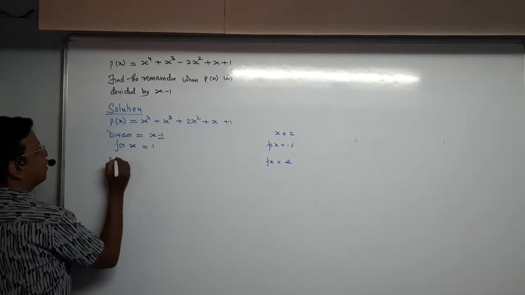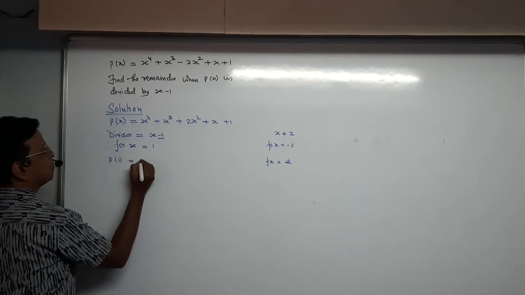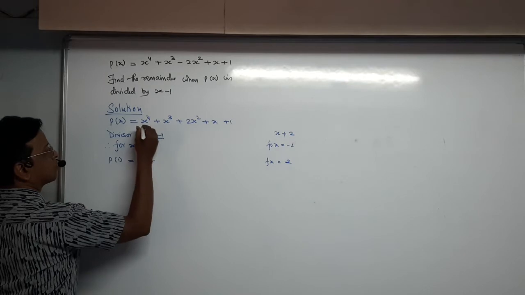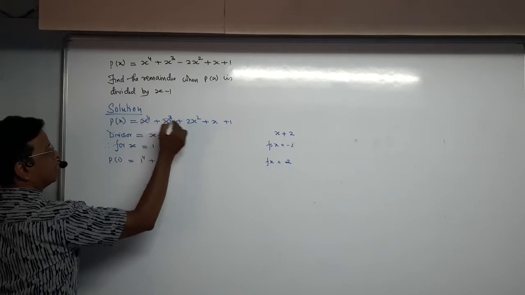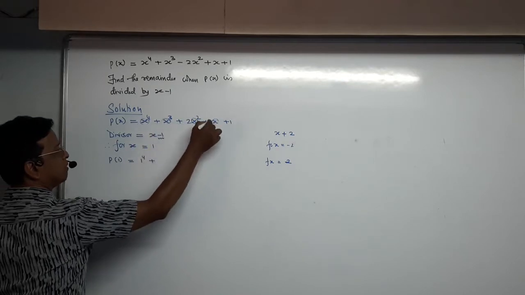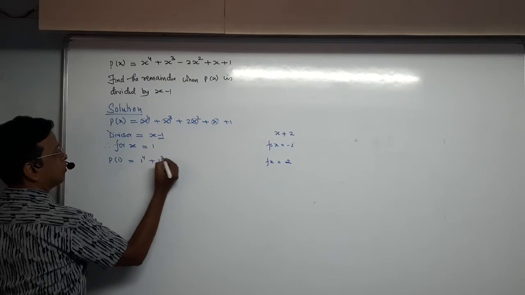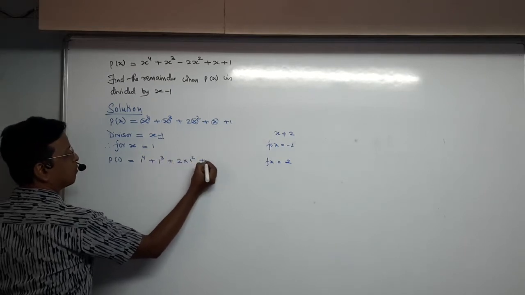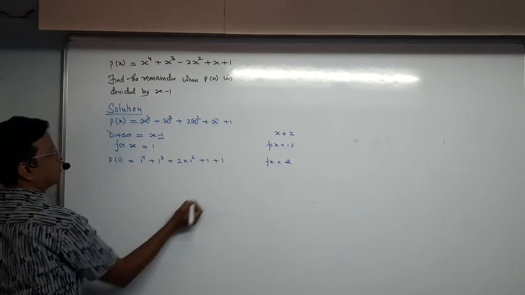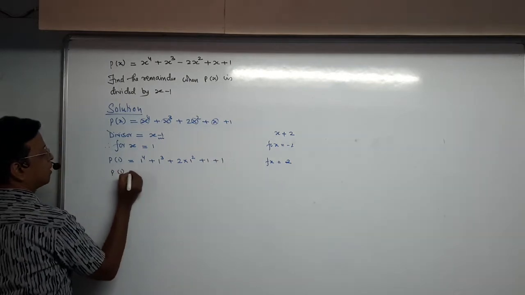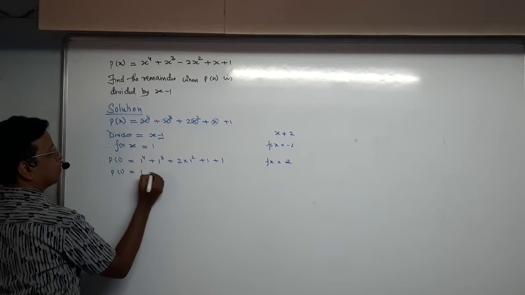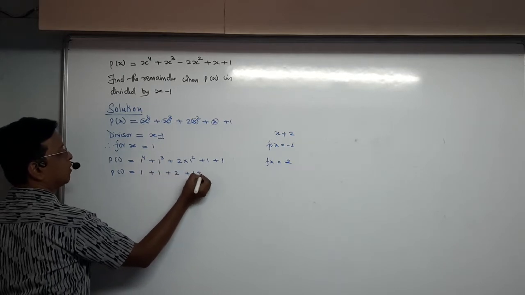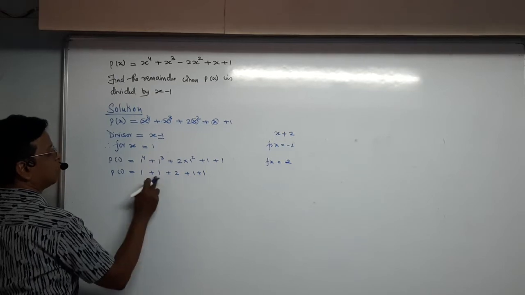So P of 1 will be what? Now this you will be able to calculate. 1 raised to the power of 4 plus, you will substitute 1 in place of x everywhere, right? 1 cube plus 2 multiplied by 1 square plus 1 plus 1. So when I solve this, I will get 1 plus 1 plus 2 plus 1 plus 1. 2, 3, 4, 5, 6.